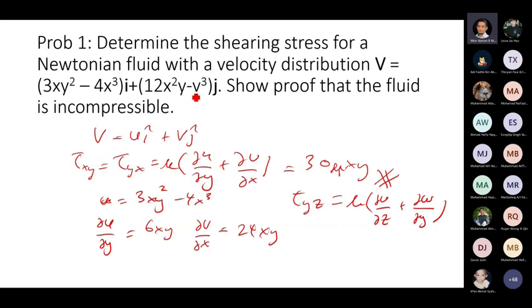There's no argument of z here, so this will be 0, and there's no velocity in the z direction, so this will be 0. So the shear stress for yz will be 0.